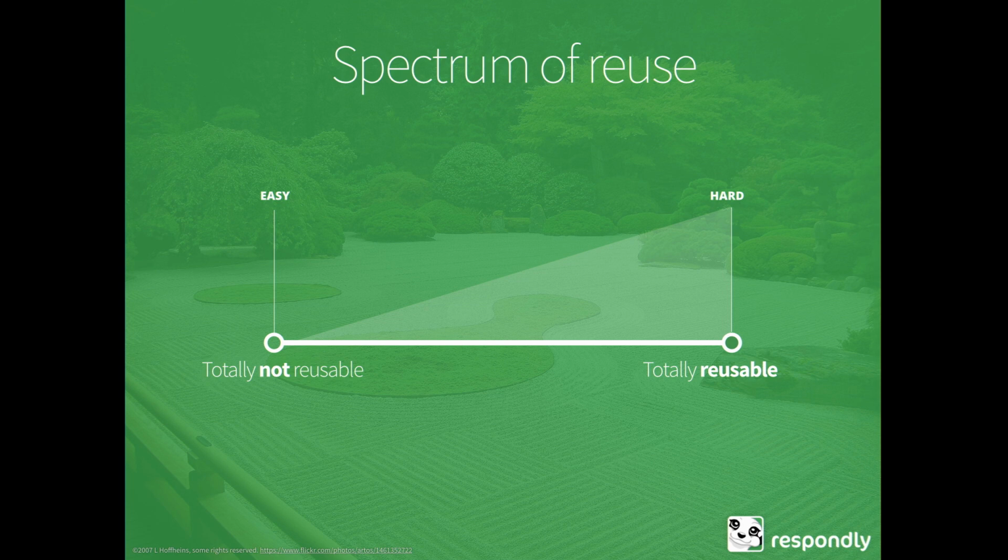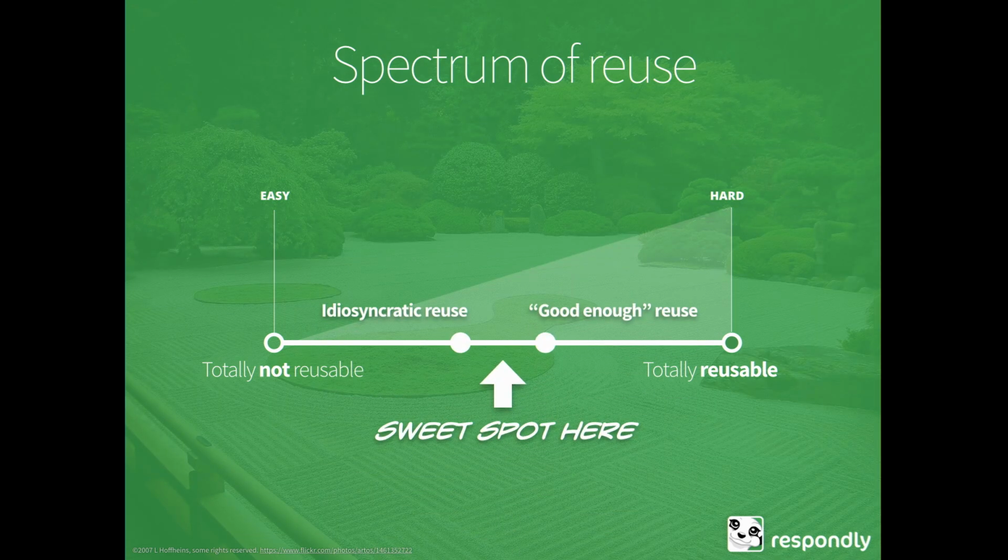Over on this end of the spectrum, you've got stuff that's totally, utterly reusable, but that's incredibly hard, particularly when you bring in a long tail of possible edge conditions. The classic case is a third-party control like a data grid, right, that does every damn thing possible. Incredibly hard to write. What we see is this beautiful sweet spot in the middle, somewhere between idiosyncratic reuse and good enough reuse. Idiosyncratic reuse would be in your app.